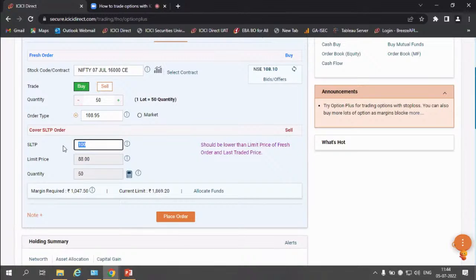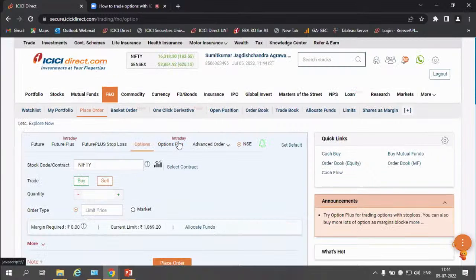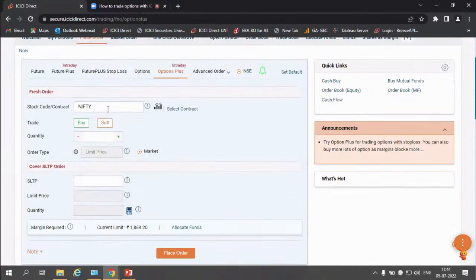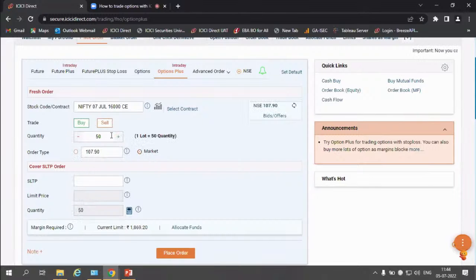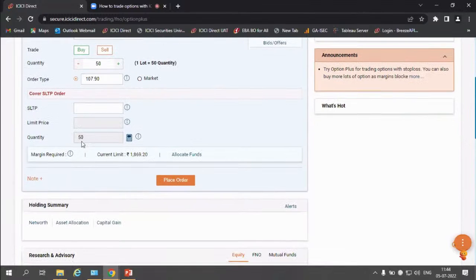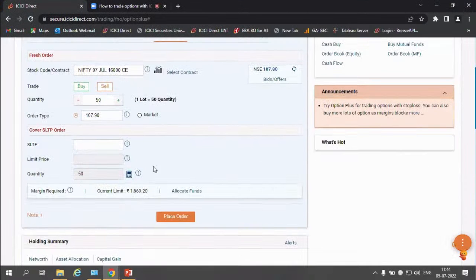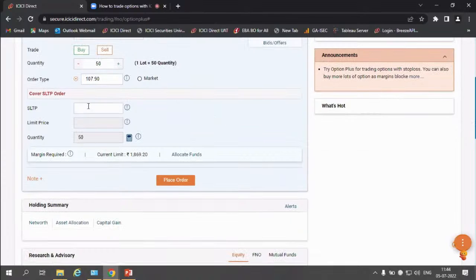If I don't have a stop loss over here, let's say, on the 16,000 call, then all I have to do... It's not showing, it was just showing right now.